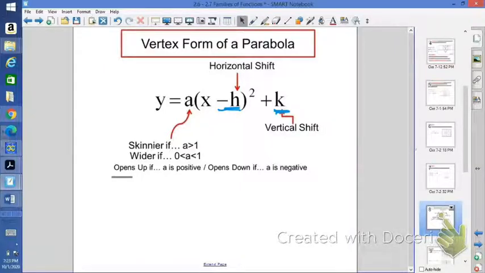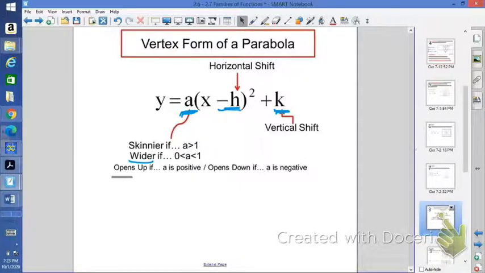This number k is responsible for the shift of the graph up or down. This number a is the vertical stretch or the vertical compression. So it's a vertical stretch if our a is greater than 1. If a is a fraction, meaning it's between 0 and 1, it's a vertical compression, so it looks wider.